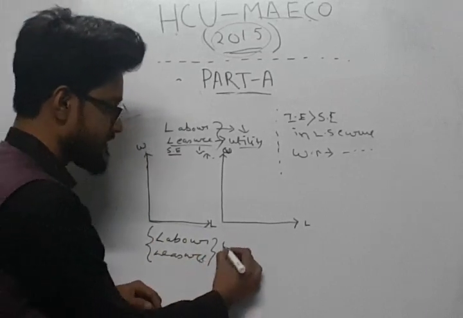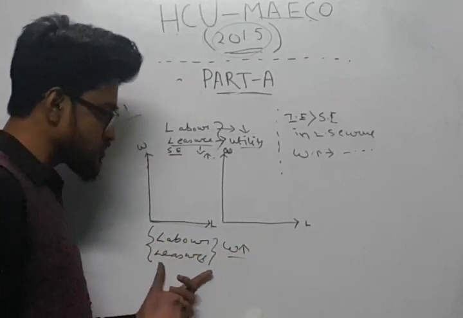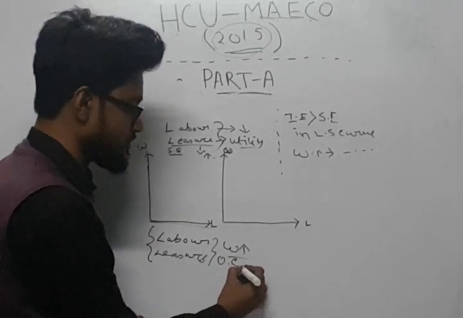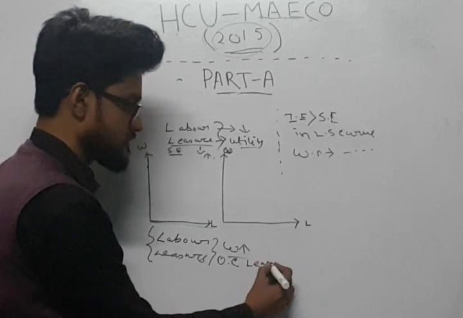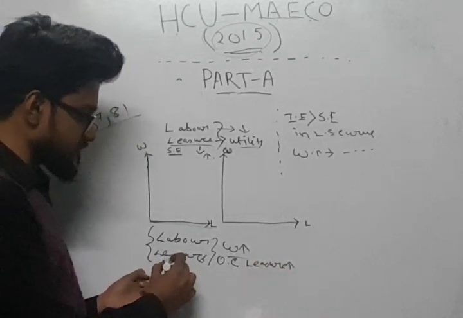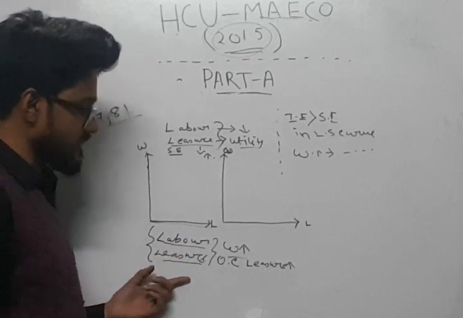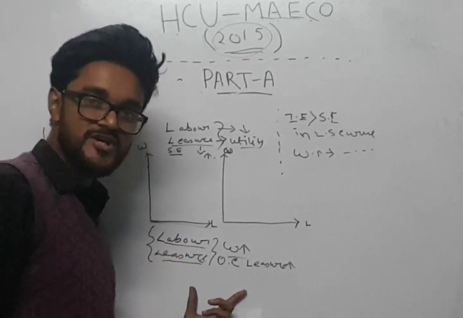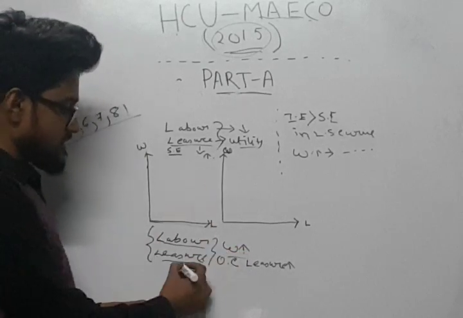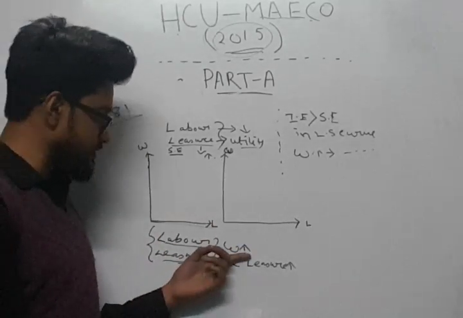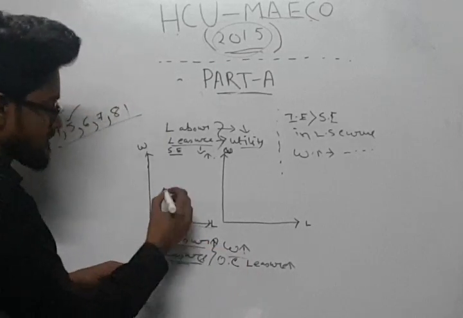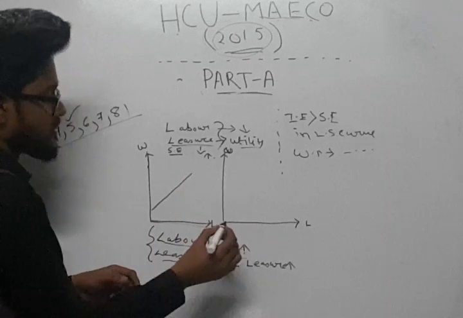If wage increases, the opportunity cost for leisure increases. So he will substitute leisure for labor because the opportunity cost for leisure has increased due to the increase in wage. This is why when wage increases, workers increase their labor, and this is why we get a positively sloped curve.